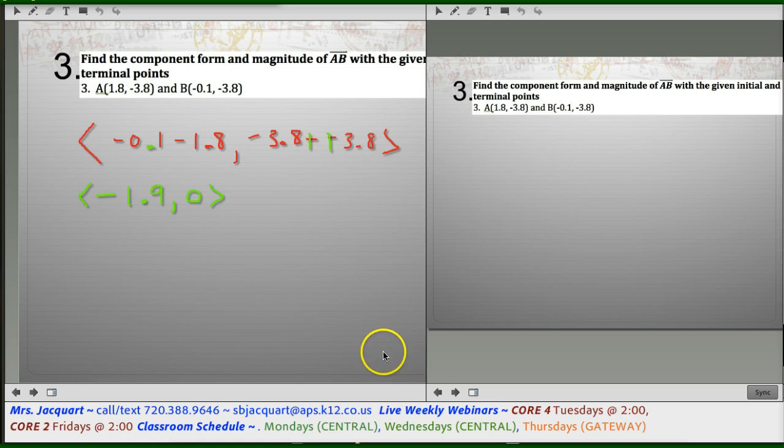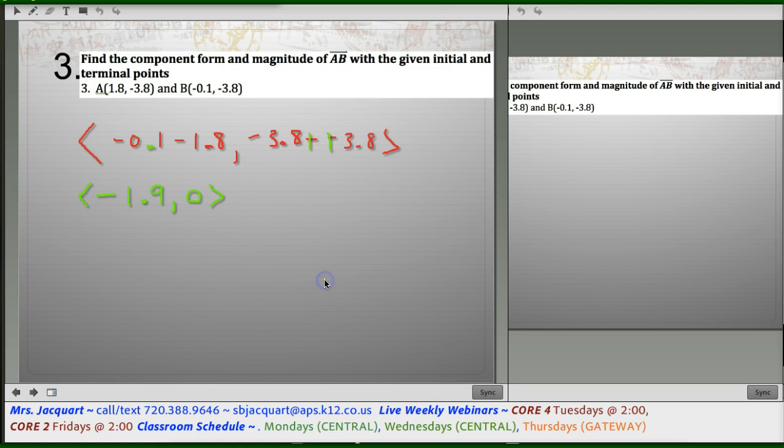All right, so then what we want to do is find the magnitude. Did it say find the magnitude? And magnitude. Okay, the magnitude is going to be the square root of negative 1.9 whole thing squared plus 0 squared, which ends up being 1.9.